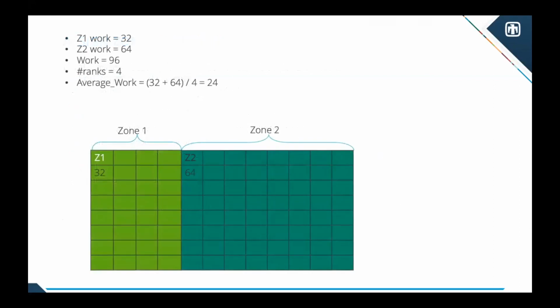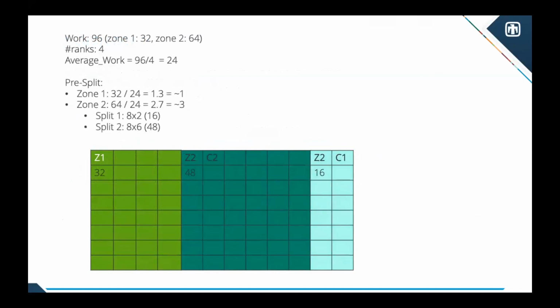So this also works like the ones I've shown previously that started out with a single zone. This one is with a double zone. We're trying to get an average work of about 24 per rank. So we split the first one, split off this work of 16, which leaves 48 to be done. We can split that in half and get 24 on each of those.